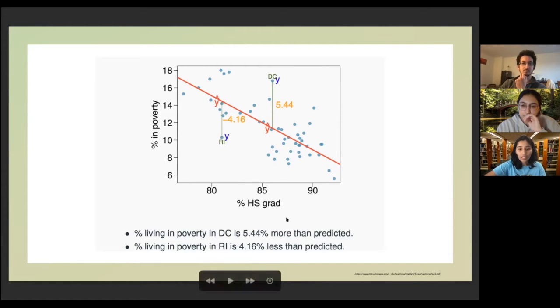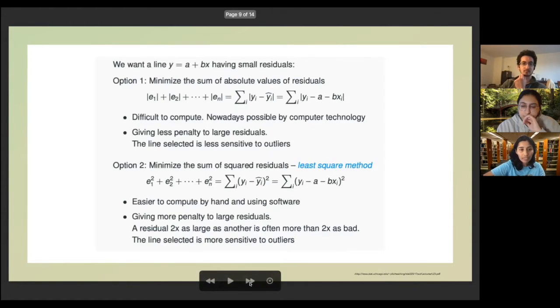This basic idea is the least squares fit, where we find the difference between the predicted Y and the Y in our scatter plot, and then we square these distances, which is the least squares method given in this equation here. Then we predict how good our fit is.